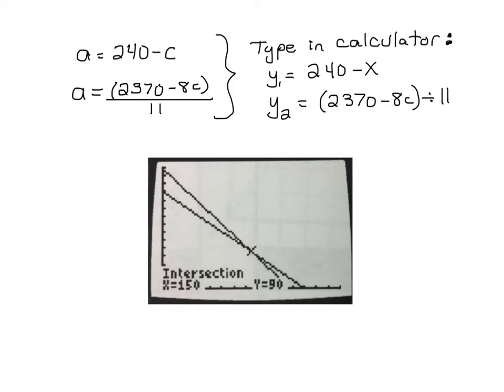That's the point of intersection, 150, 90. And what that represents is, because our X was the number of children's tickets, C was equal to 150 children's tickets sold, and our Y was our A value, so we had a total of 90 adult tickets sold.